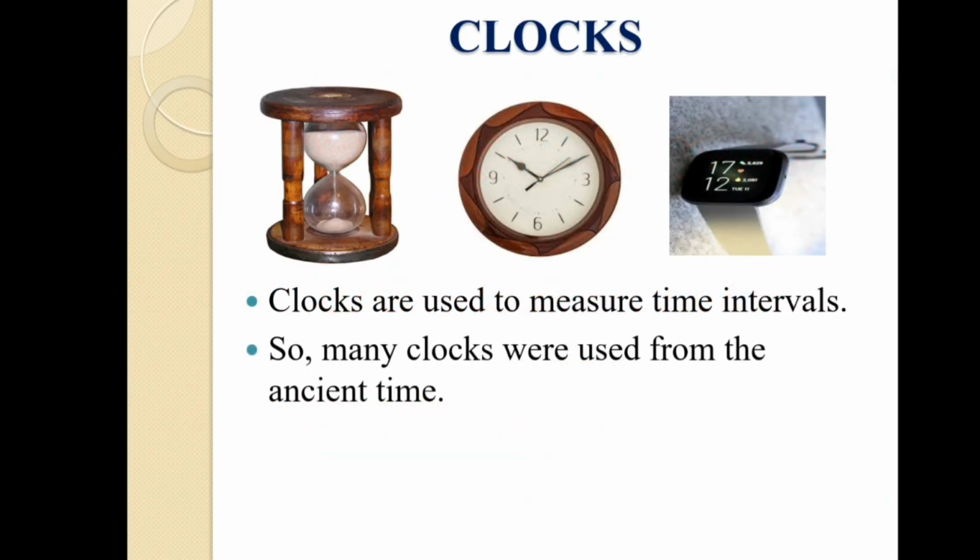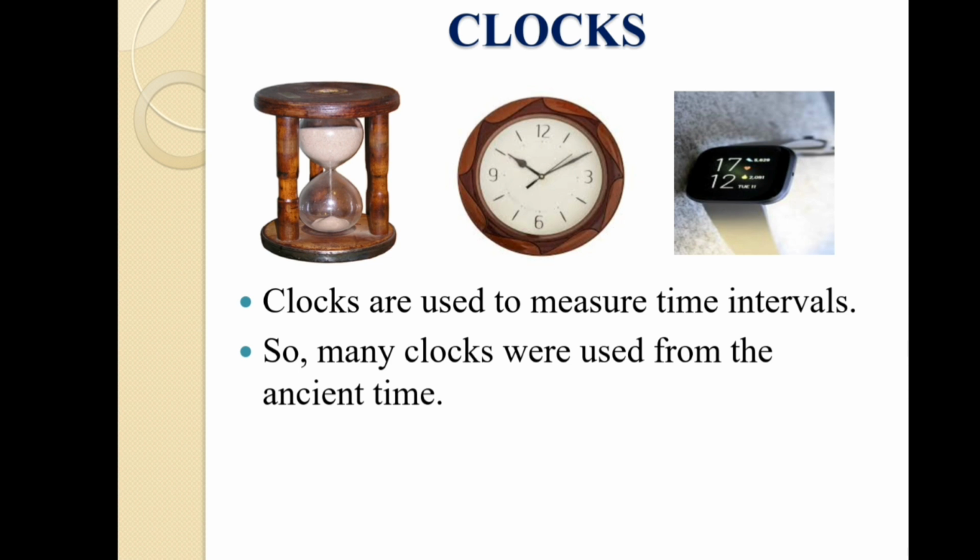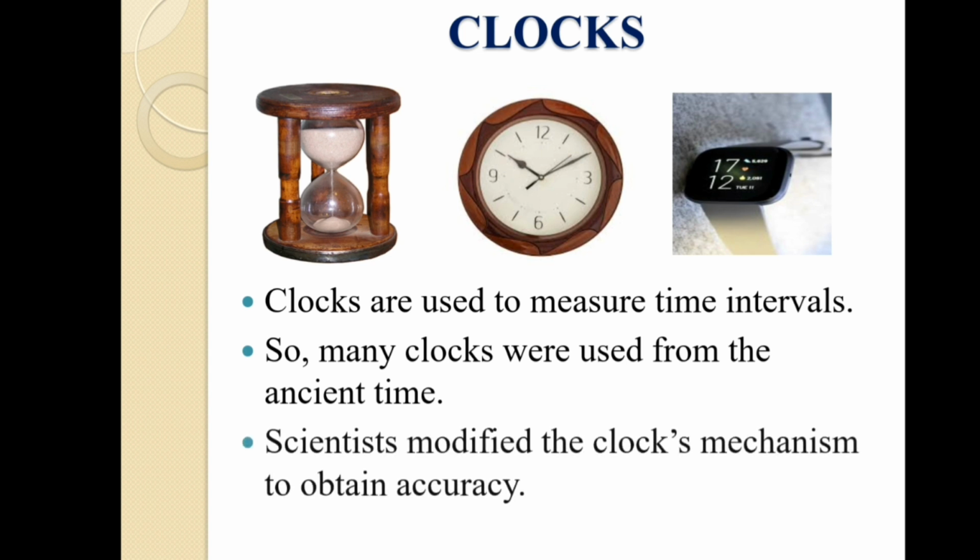So many clocks were used from the ancient time. What is ancient time? A very long time ago. They used so many clocks in the ancient time. Scientists modified the clock's mechanism to obtain accuracy. So what is modified? It has been changed. What is mechanism?